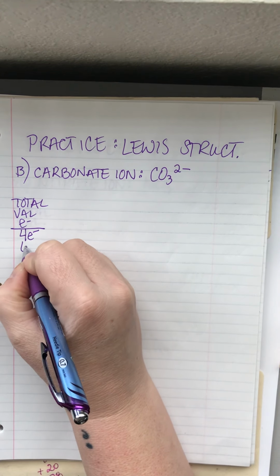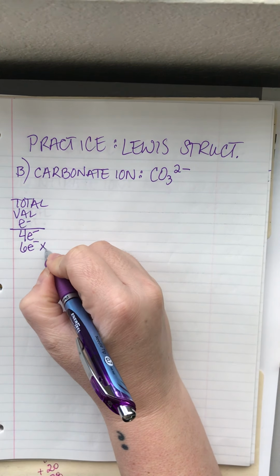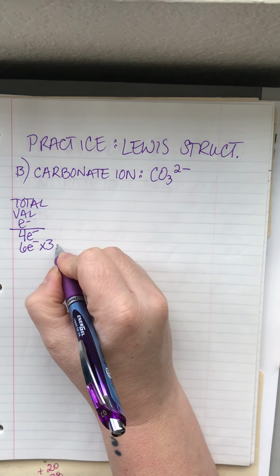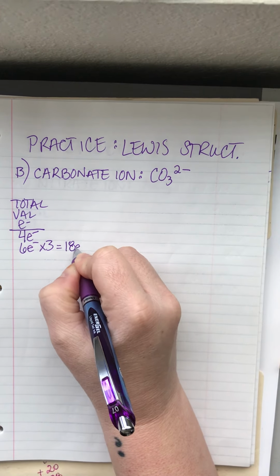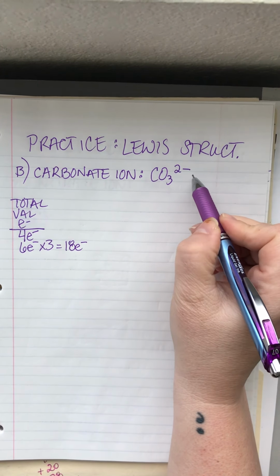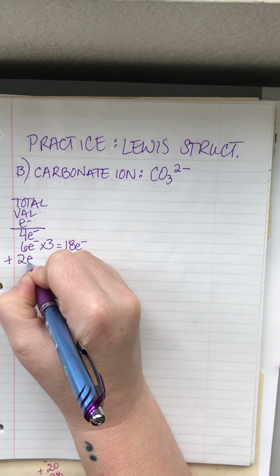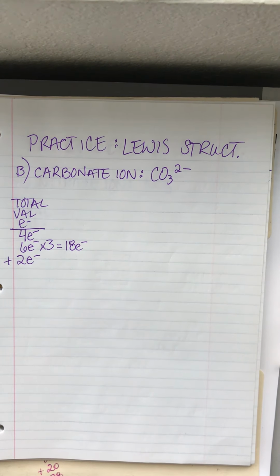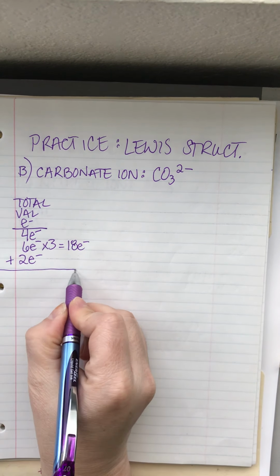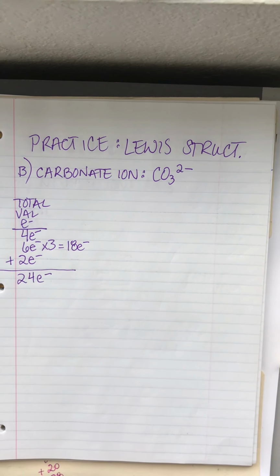Oxygen has 6 valence electrons, and there are 3 of them, so we have a total of 18 electrons from oxygen. And the -2 means that we have to add an extra 2 electrons to our total. So overall we have 24 total valence electrons.